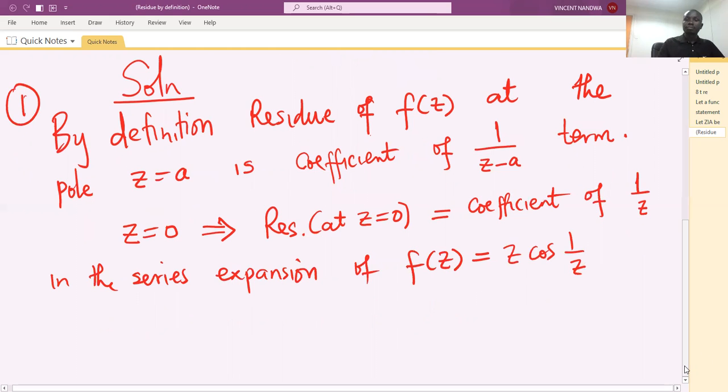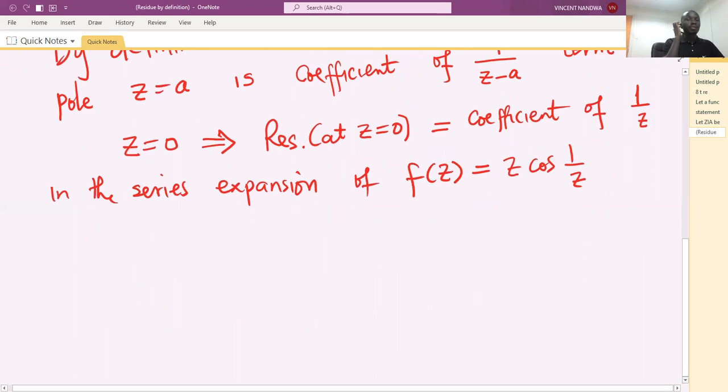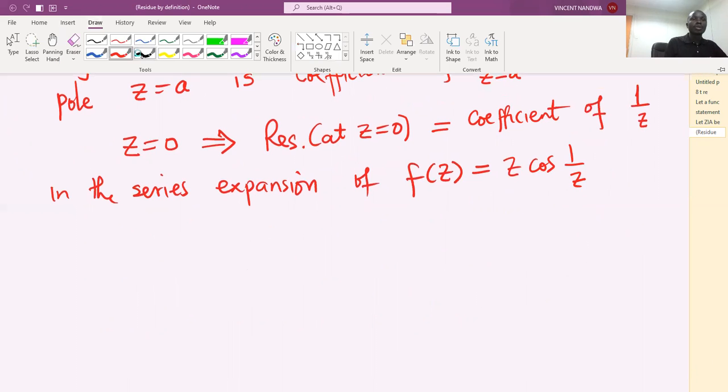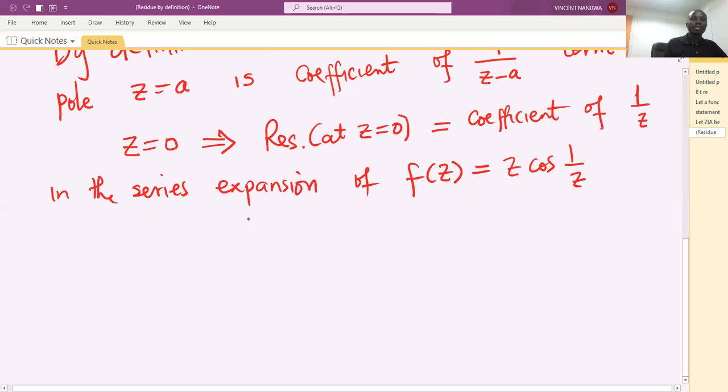So the problem now reduces to knowing how to write cos(1/z) in series and then multiply by z. And then from that solution, you identify the coefficient of 1/z.